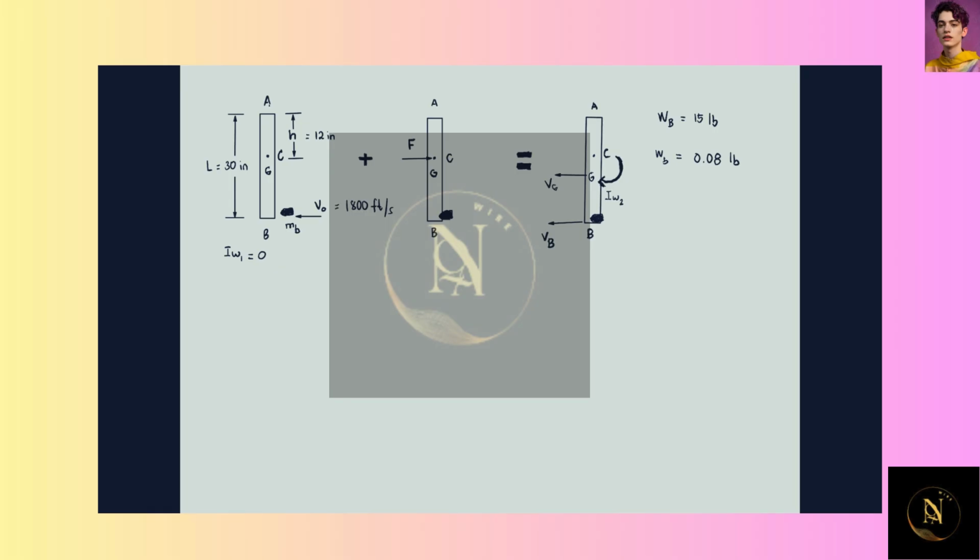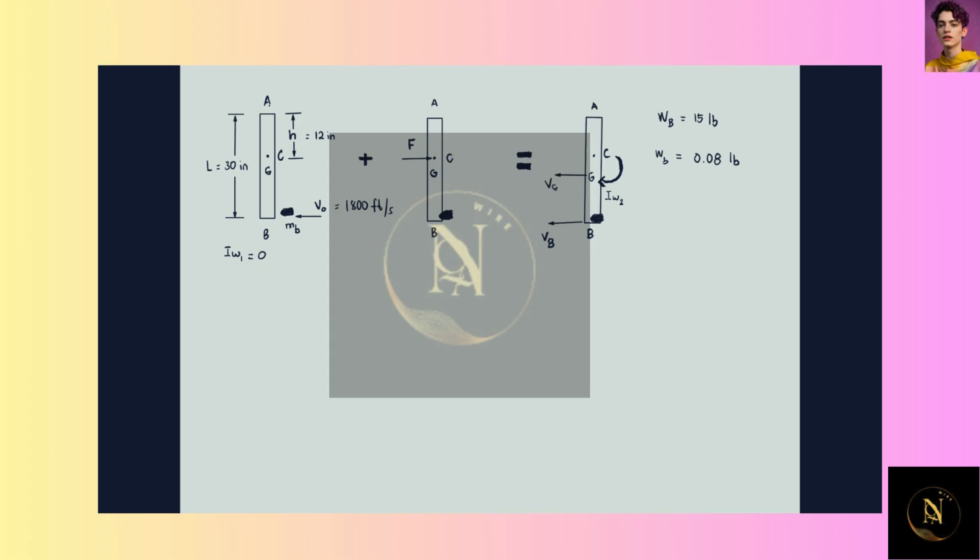Because of this, point B and point G, which is actually the center of the bar, rotate with respect to point C, with linear velocities V_B and V_G respectively. So that's basically our scenario in this problem.